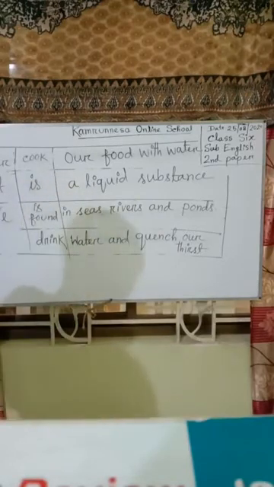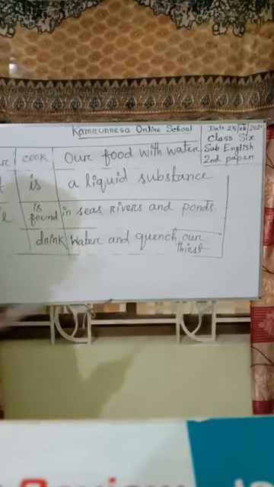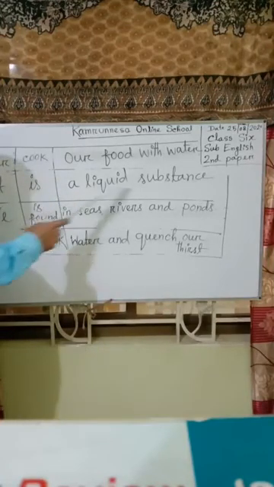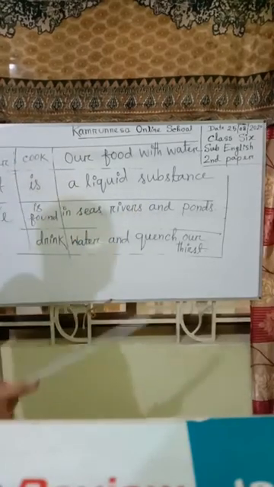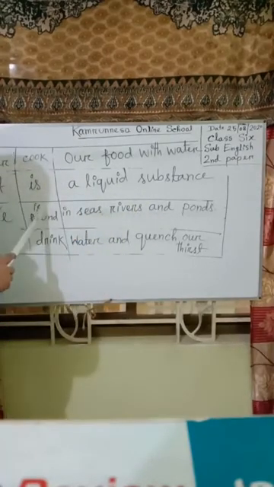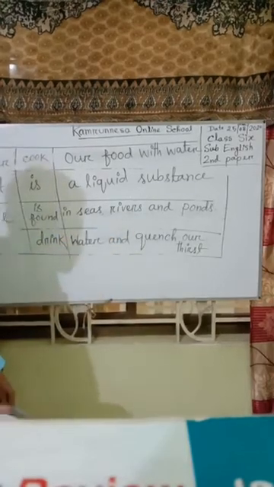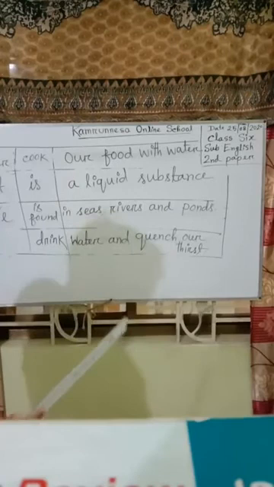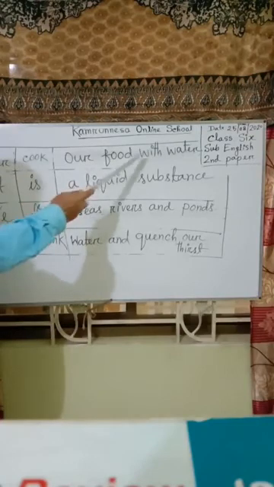Again, students, look, water. This is the main theme of the sentence, and it is the beginning subject of this table. Water is a liquid substance. পানি একটি তরল পদার্থ. It is found in seas, rivers and ponds. That means the source of water. Where we find water, we cook our food with water.